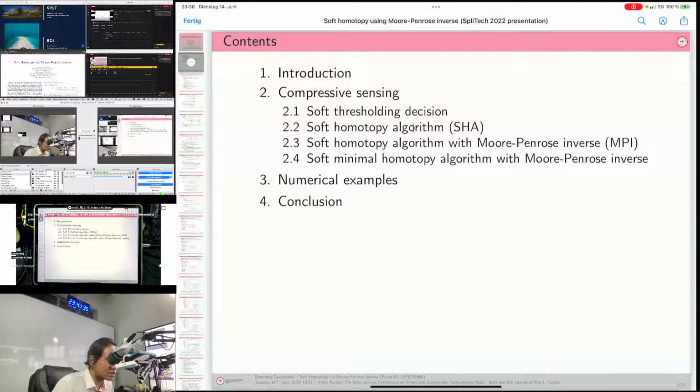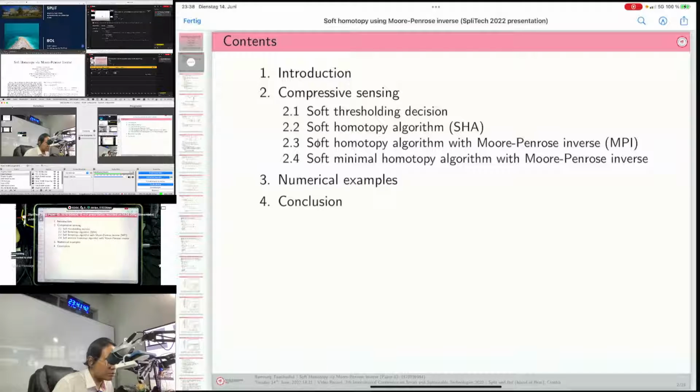Then we will see the proposed idea. The first proposed idea is the soft homotopy, which is based on the conventional method, but it uses the Moore-Penrose inverse, and another one is the minimal version.